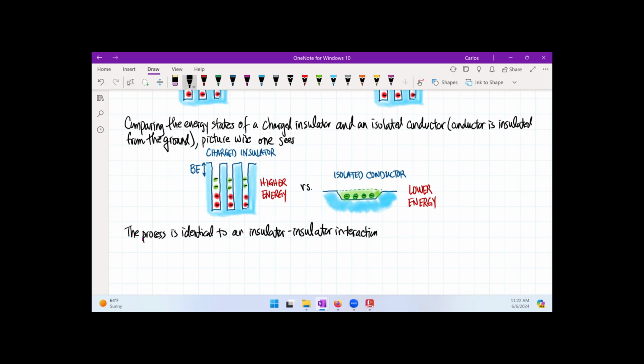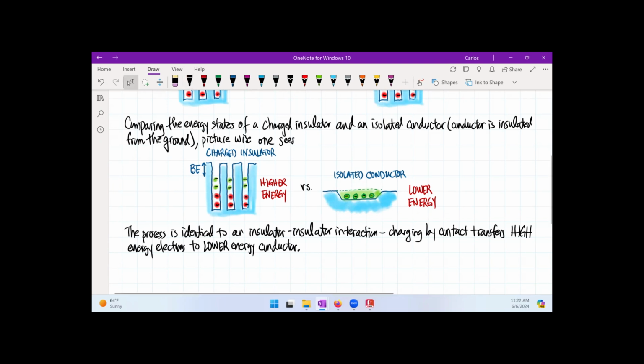That means charging by contact transfers high energy electrons to the lower energy conductor. It's about energy transfer.